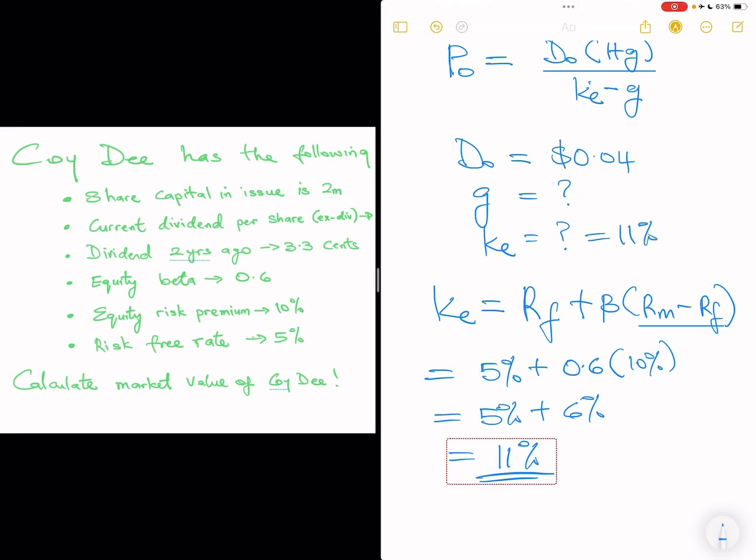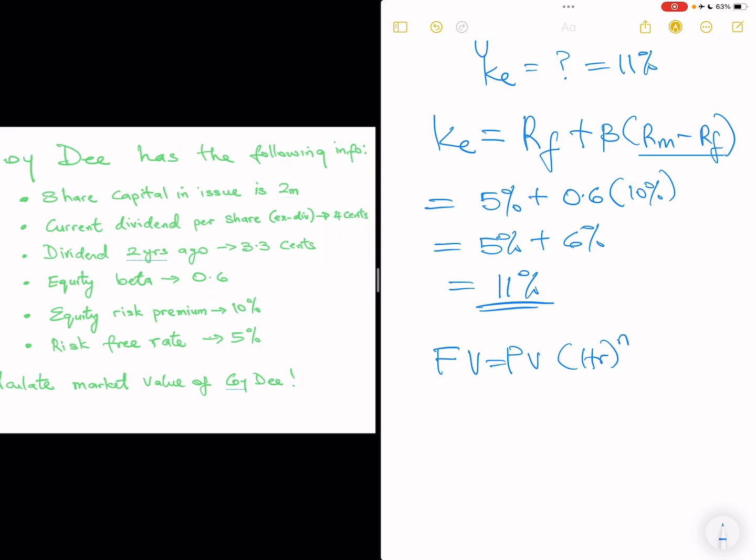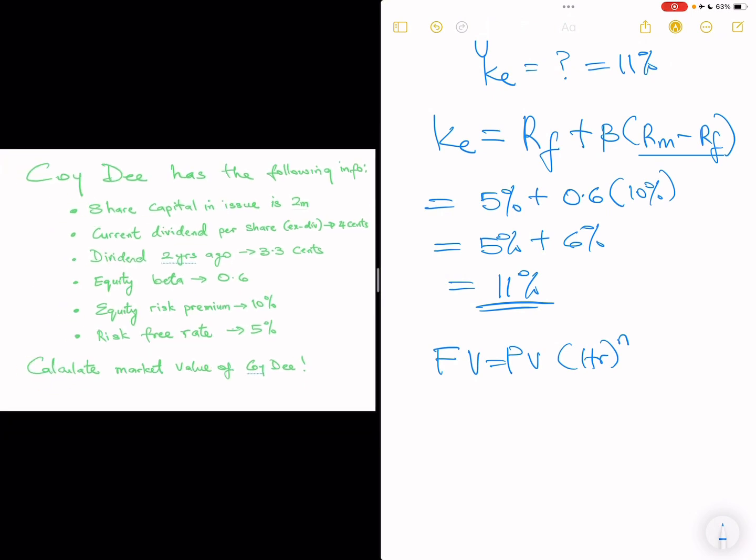So the only thing we are left with is the growth rate. For growth rate, remember the way I told you to do it is to always remember your future value method, which equals present value times (1 plus r) raised to power n. Future value is the most recent dividend, the current dividend, which is 4 cents.